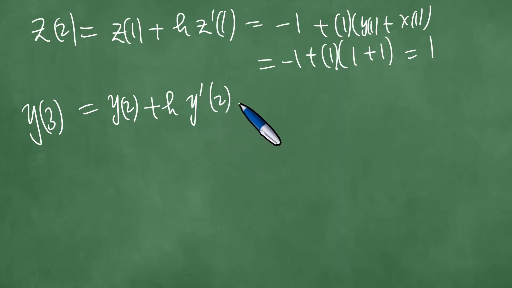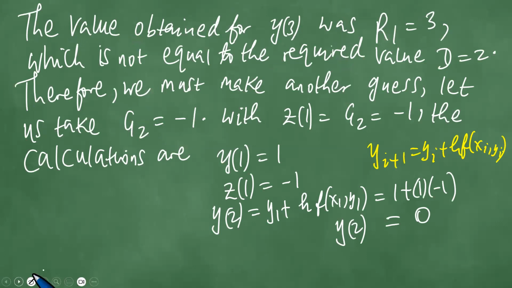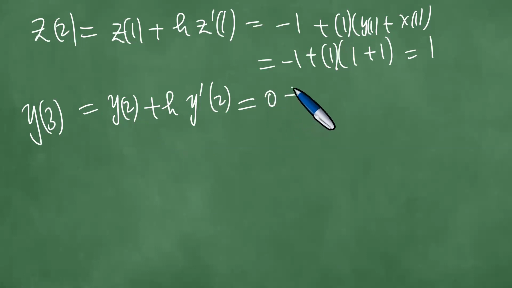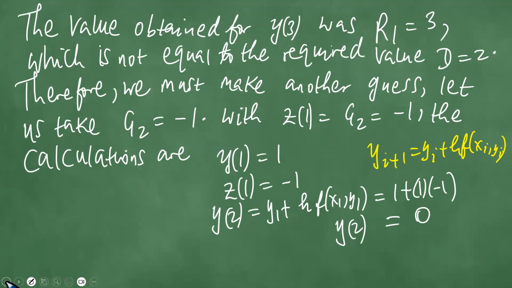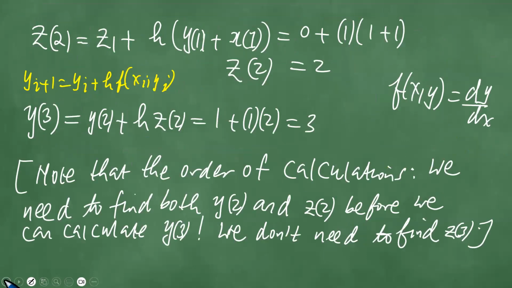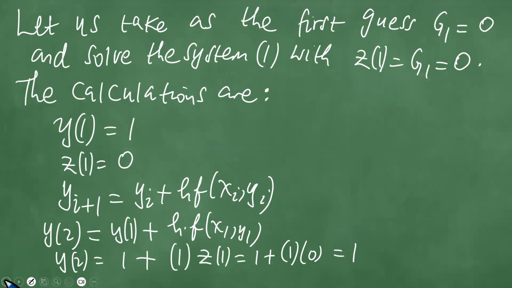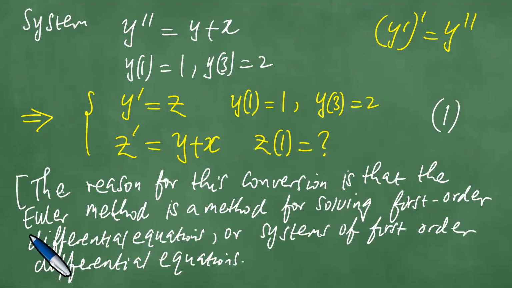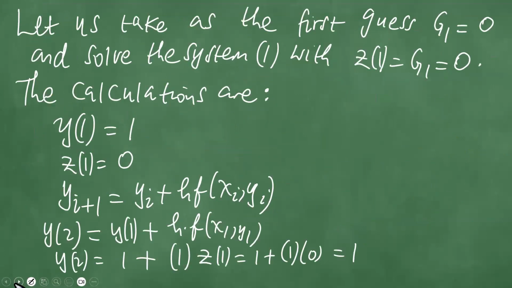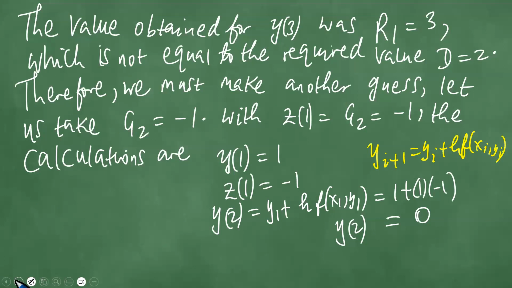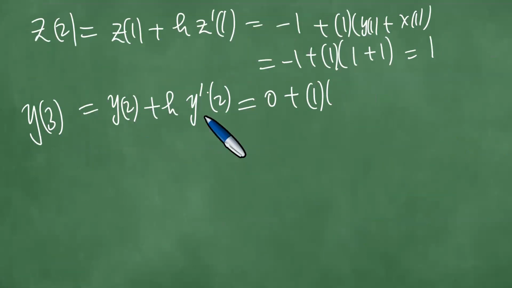So what is y2? It is 0, and y primed at 2. Y primed is z2. Y primed at 2 is going to be z2. And what is z2? Z2 is 1.